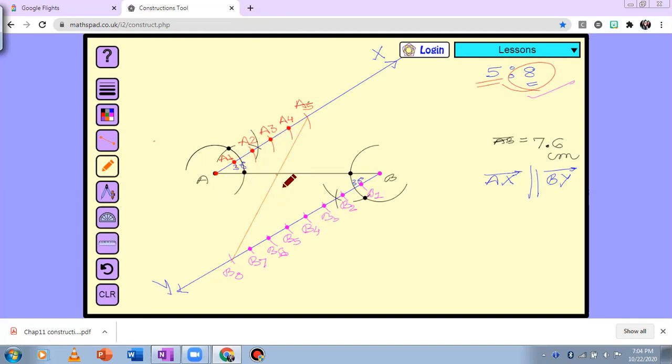This point will be point P, and AP is to PB will be 5 is to 8.